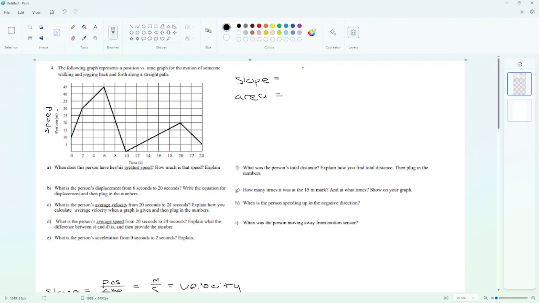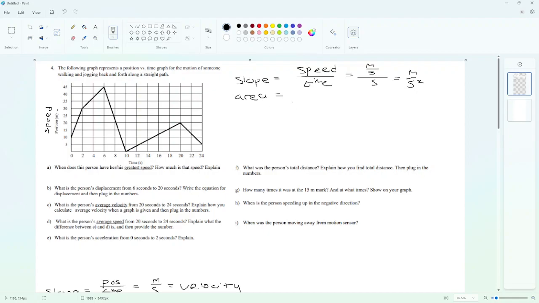The slope would be speed over time, which in this case is going to be equal to meters per second over seconds, which is equal to meters per second squared, which is going to be acceleration. That's going to be the slope in this case, if it were speed versus time.